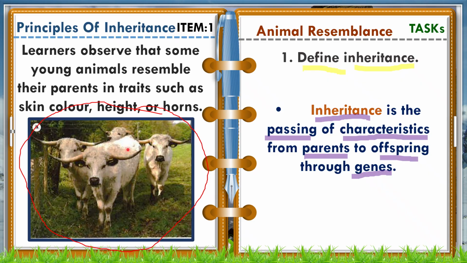So when you look at the younger ones having similar traits, like for example skin color, which is coming from the parent, that process of the parent passing over that trait of skin color to its offspring through genes is what we call inheritance.